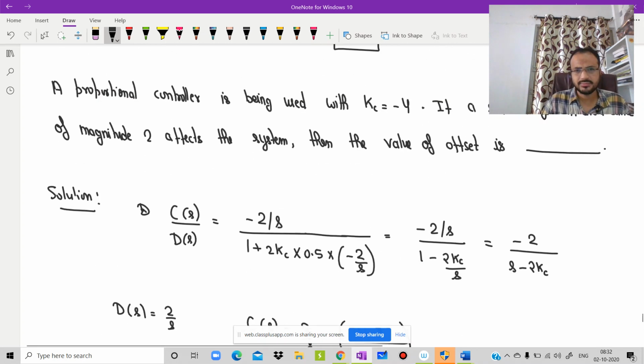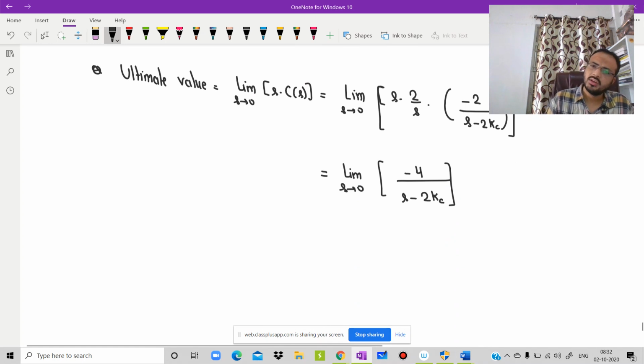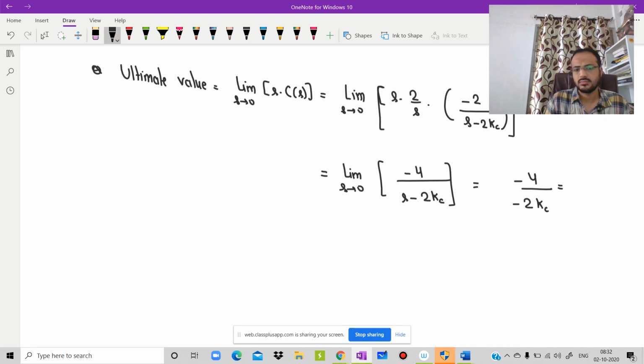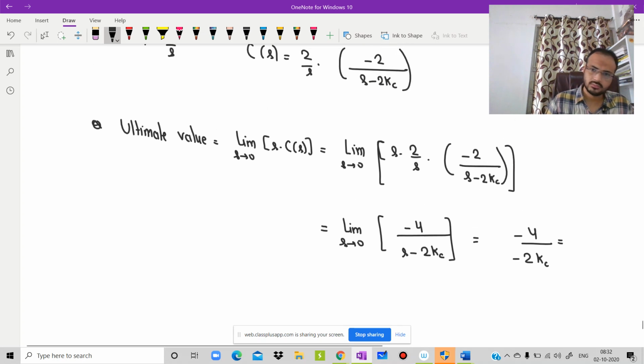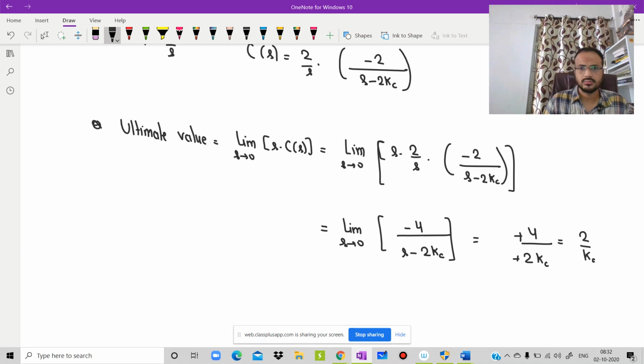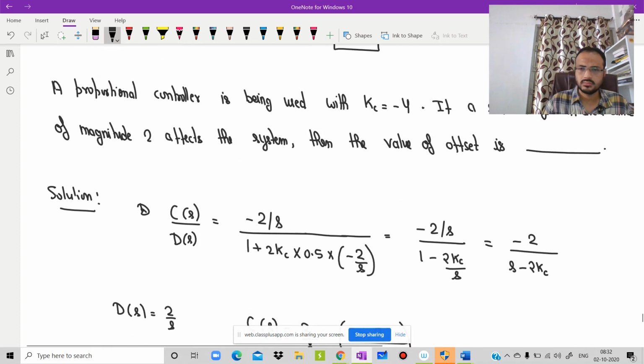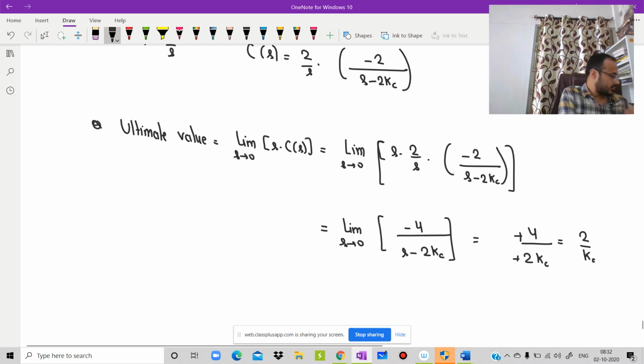The value of Kc is given, Kc is equal to minus 4. You will get minus 4 by minus of 2 Kc. You will get 2 by Kc.